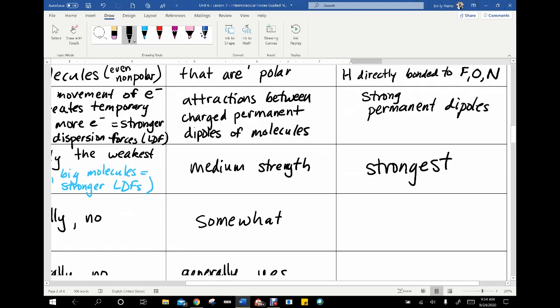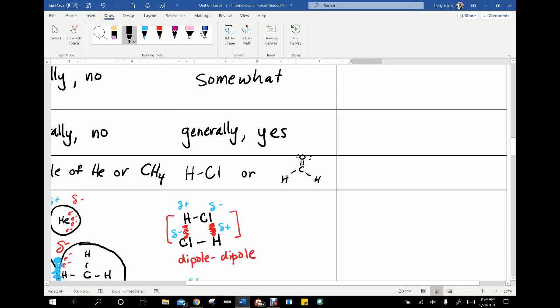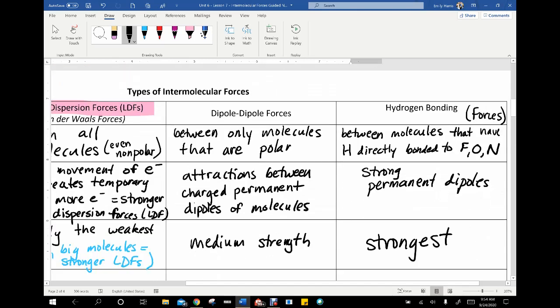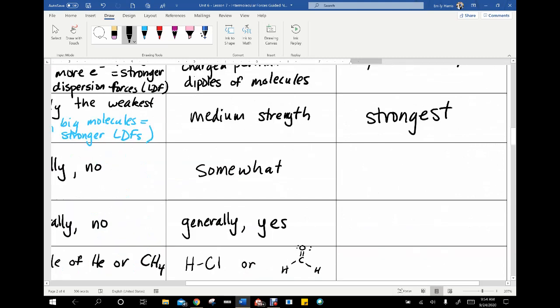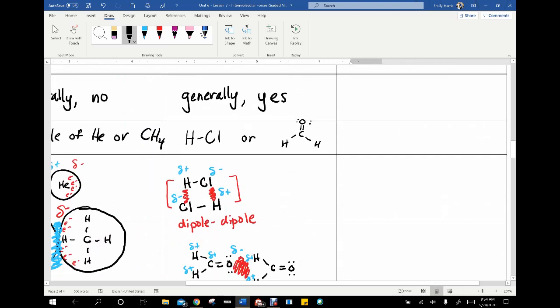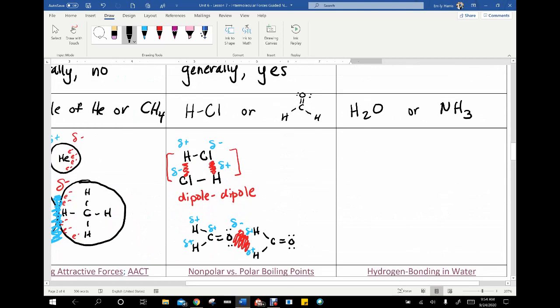And so let's go ahead and give an example right quick of what we mean by having hydrogen directly bonded to F, O, or N. So an example of this would be water, or we can look at NH3, ammonia.